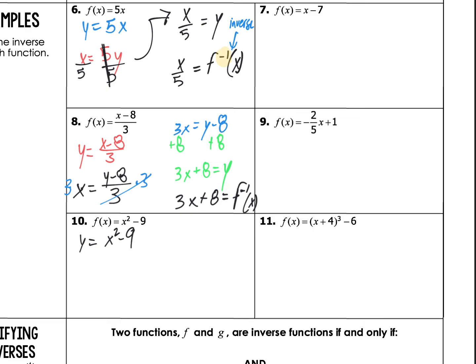Okay, I'm hoping that you've already paused and solved this, so I'll go kind of quick through this. First thing, we're going to switch the x's and y's. So I got x equals y squared minus 9. Now we can add 9 to both sides. So I've got x plus 9 equals y squared.